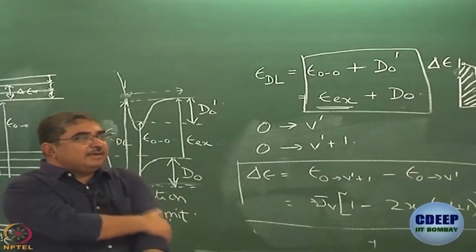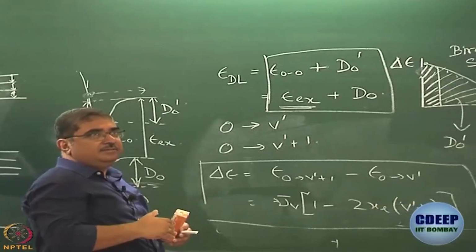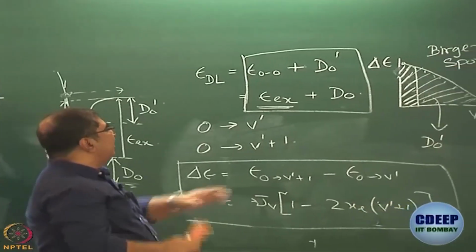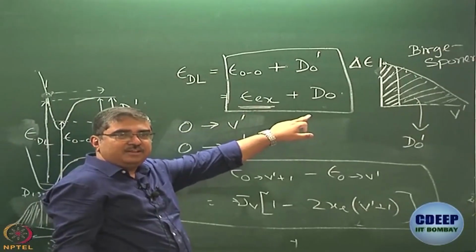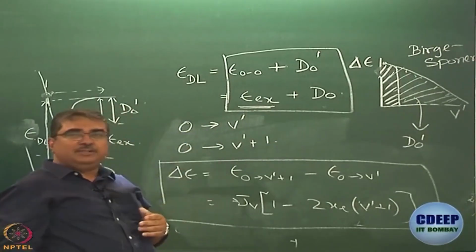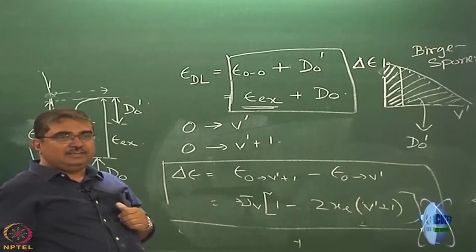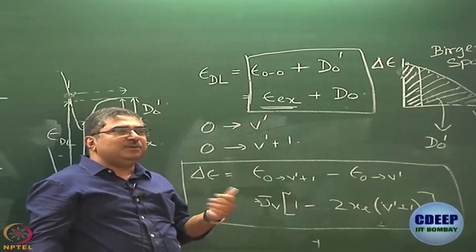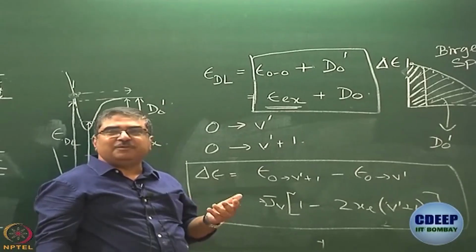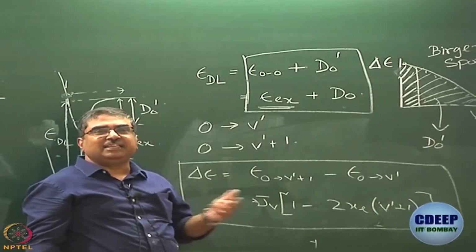That is one thing, but the bigger application is if you know band origin, you can find D0 also. Now, tell me, suppose I know the band origin, I determine D0 this way. Is it better to find D0 this way, or is it better to find D0 using IR spectrum?